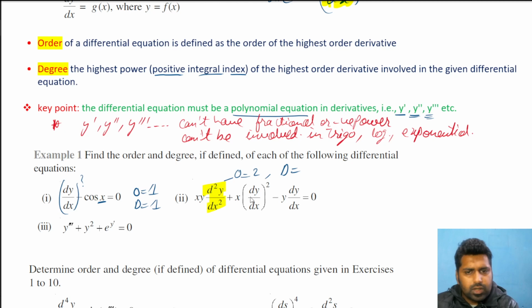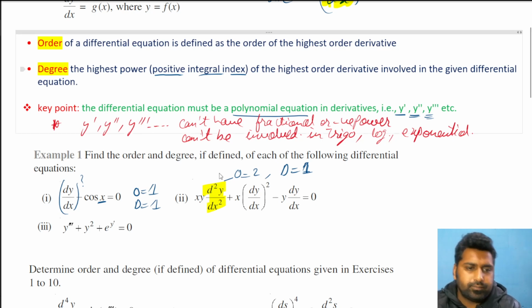They don't, so they are in polynomial form, and yes, we can define degree for this also. What will be the degree? Power of this. Nothing written means power is 1. Highest power precisely, but highest power of what? Of the highest order derivative, not this, because as such, dy by dx also has the power of 2.